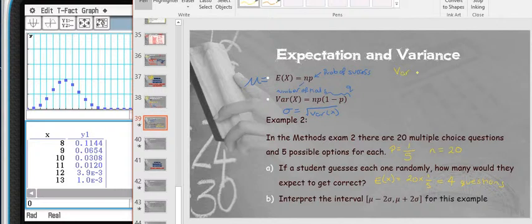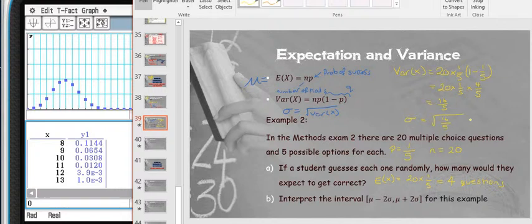If we start by working out the variance, it is equal to our N value, which is 20, times P, which is 1/5, and then 1 minus P. So we've got 20 times 1/5 times 4/5, which will give us 4 times 4 over 5, which will give us 16 over 5. We then work out the standard deviation, which is the square root of that.